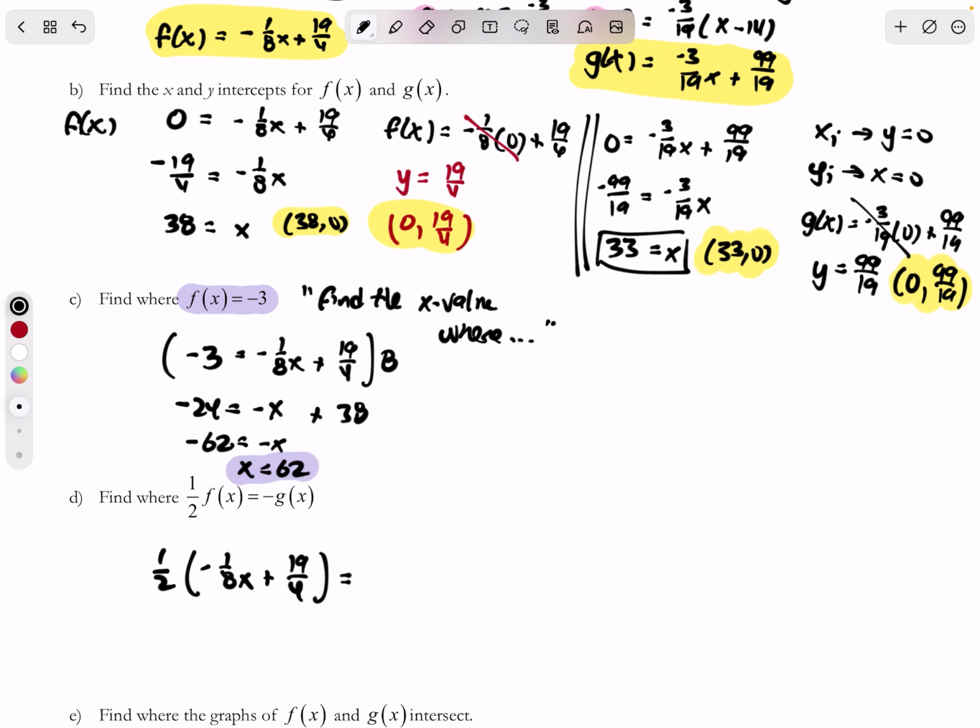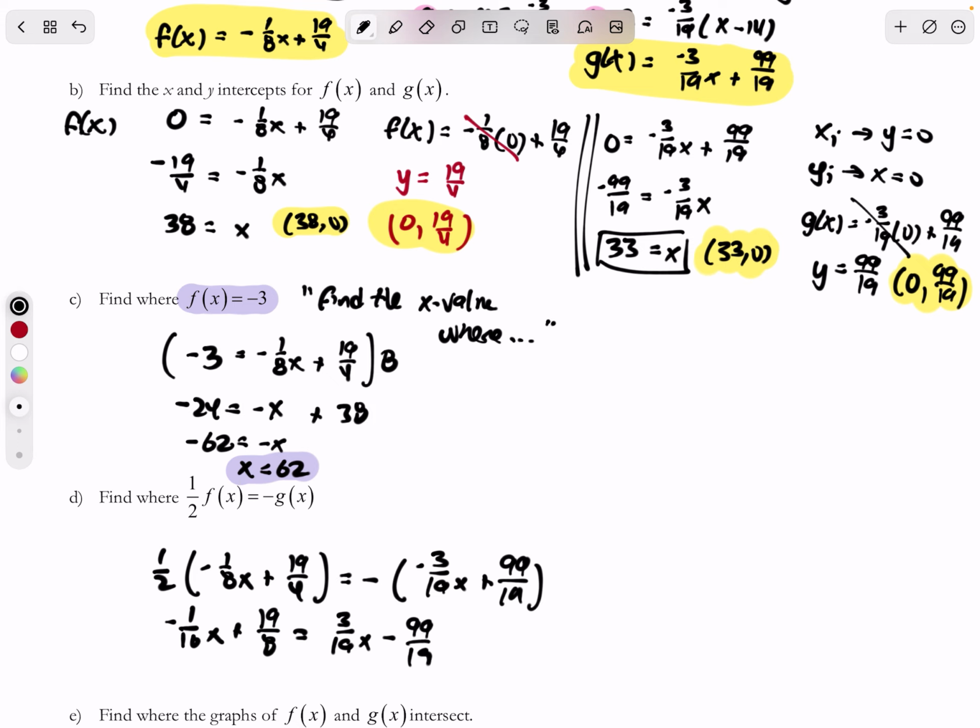So negative of negative 3/19 x plus 99 over 19. Well, let's just distribute. Negative 1/16 x plus 19/8. I'm going to distribute the negative, equals 3/19 x minus 99 over 19.